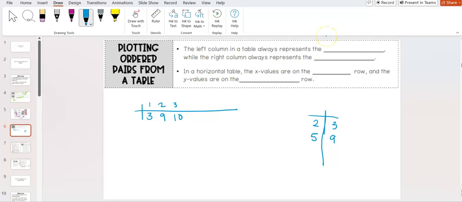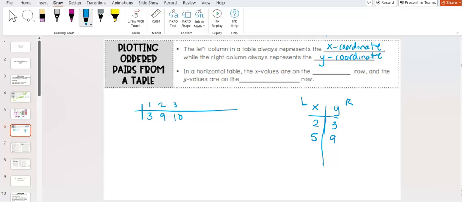The left column of a table always represents the x coordinate, while the right column always represents the y coordinate. So in a vertical table, left is always x and right is always y.